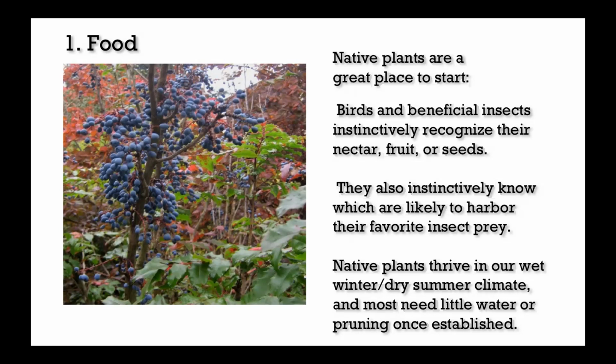There's no question in their mind that there's food there. The same is true with insects that are flying overhead. It's an instinctive recognition. And as I mentioned earlier, they know which ones are likely to harbor their favorite insect prey. Where are they going to find spiders if that's what they like to eat, or other insects.